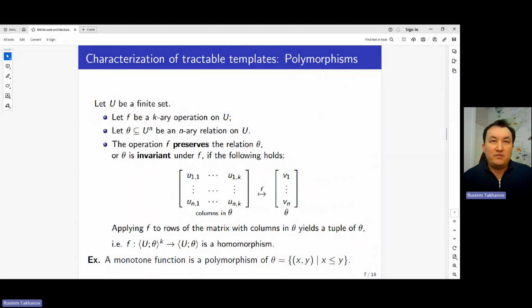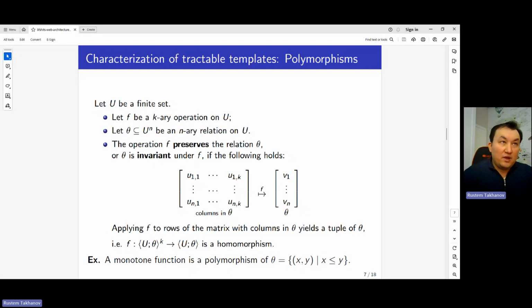So whenever we take an n times k matrix whose values are from the set U, and we assume that the columns of that matrix, these will be n vectors, right? And these are all elements from theta. Since theta is an array relation, we can take such a matrix so that its columns are from theta.